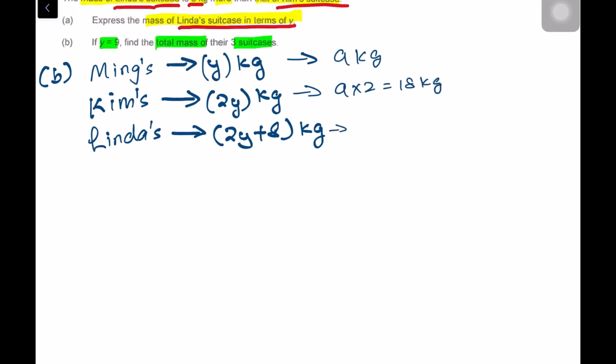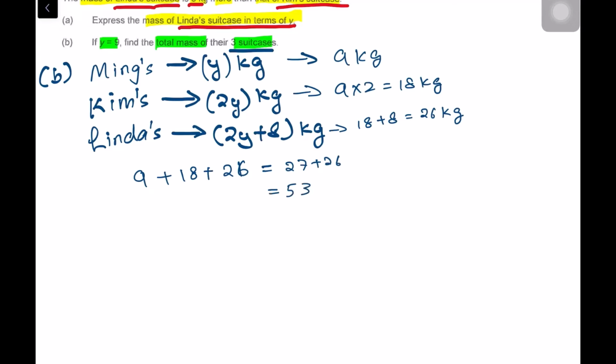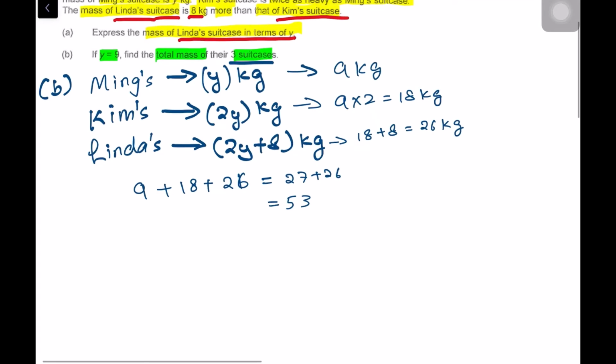And the mass of Linda's suitcase is 18 plus 8, which gives us 26 kilograms. So we have 9 plus 18 plus 26 as the total mass of the three suitcases. And this gives us 27 plus 26, which is 53 kilograms. Now that's the first method.